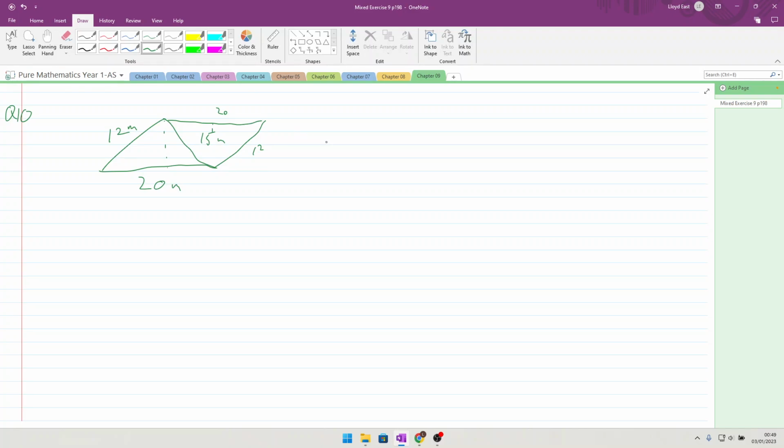So we will look up Heron's formula, which isn't very widely used, but it's quite good.